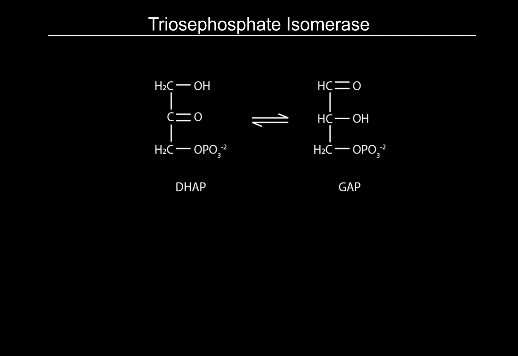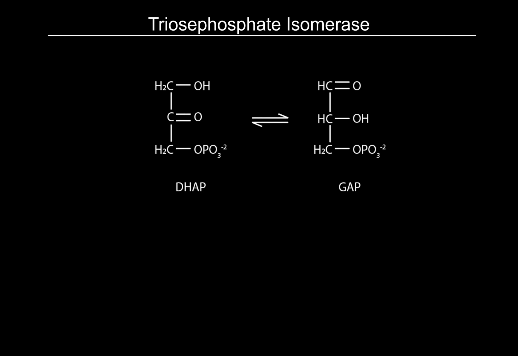So the first one that I'm pointing out here is an enzyme called triose phosphate isomerase. This is another key enzyme in glycolysis. So once we've split that carbon-carbon bond, right? Aldolase used the Schiff base to break a 6-carbon chain into 2 equivalents of 3 carbon chains.